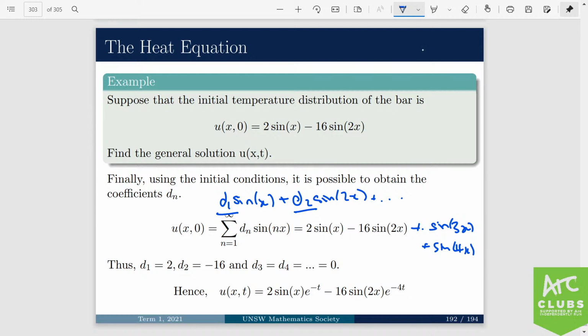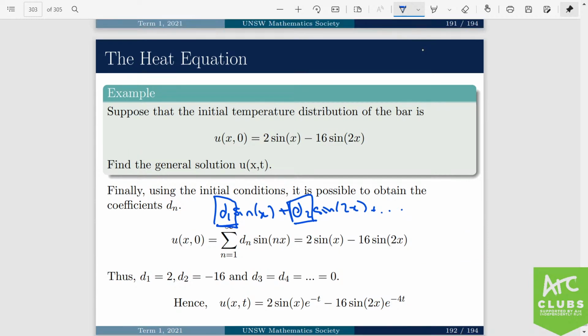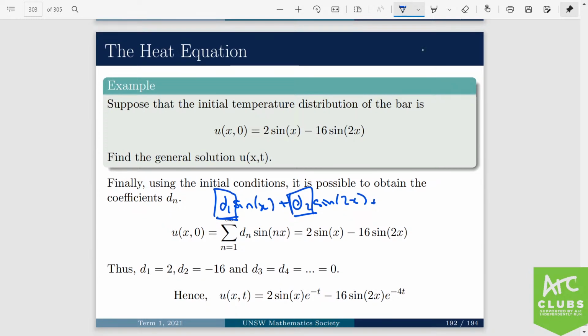The point is, you've got only 1 times x and 2 times x that we need to consider. So therefore, the only constants we need are d1 and d2. This simplifies things a little bit. So we know that d1 must then be equal to 2, and d2 must be equal to negative 16. Don't forget that negative sign, because all the rest of them are equal to 0.